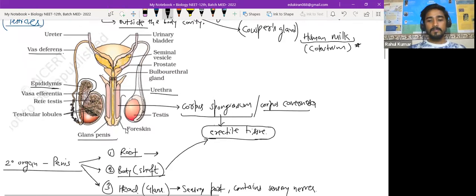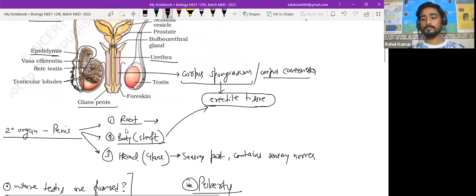Okay, so write down, seminal vesicle is a pair. So it's one pair and is present posterior to the urinary bladder.